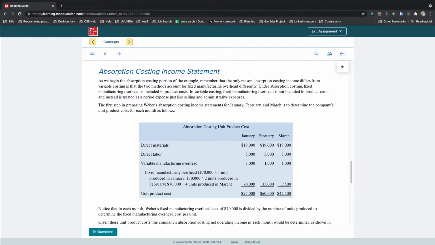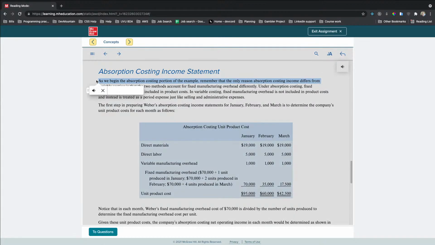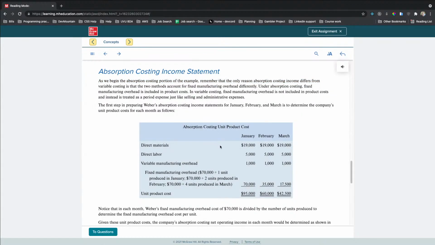Okay, absorption costing income statement. As we begin this example, remember that it differs from variable. Yeah, it's a little fuzzy in my head, but we have our direct materials, direct labor, variable manufacturing overhead.